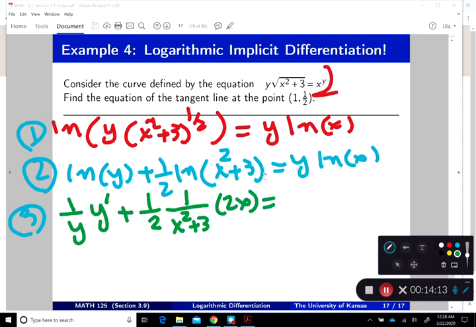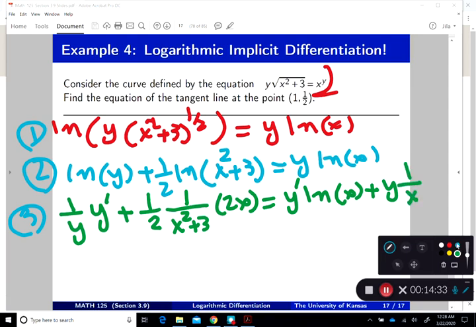Then I have a product rule on this side. The derivative of y, a function of x, is y prime, natural log of x, plus y times the derivative of natural log of x, which is 1 over x.